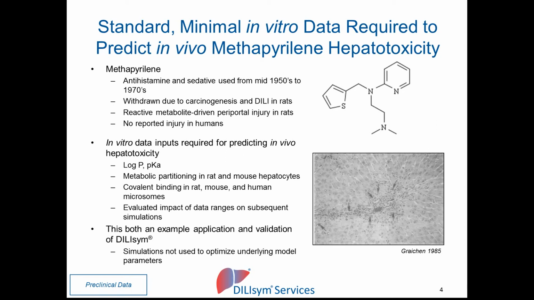We had access to some metabolic partitioning data in rat and mouse hepatocytes, covalent binding data in rat, mouse, and human microsomes to give an indication of the rate of reactive metabolite generation. And then we evaluated the impact of all this data and the ranges throughout on the subsequent simulations, such that this ends up being a nice application of the IVIVE scenario, as well as providing some validation of DILIsym in that these simulations were not used to optimize the underlying model parameters in any way.